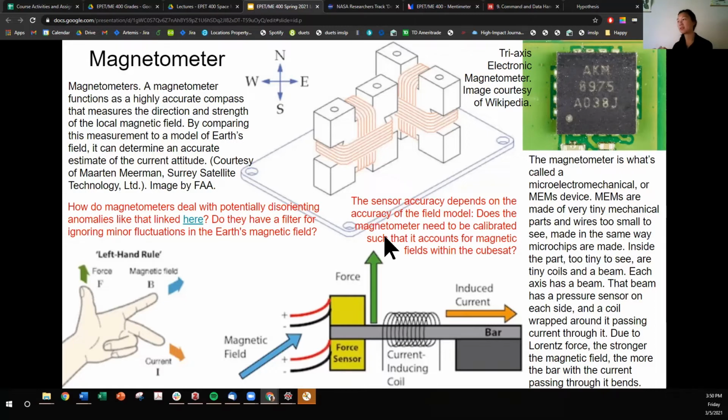So it would be good to do some ground testing and get a profile of what the magnetic field would look like when we have all of our electronics running. Another design decision could be that you place your magnetometer farther away from the electronics so there's less interference and you don't have to deal with that calibration step.